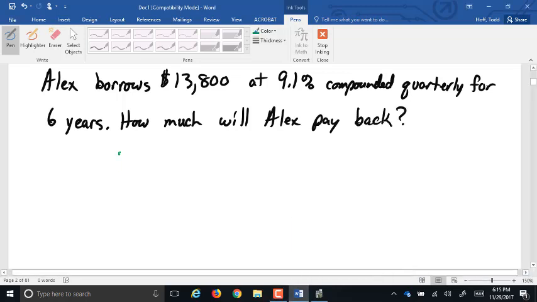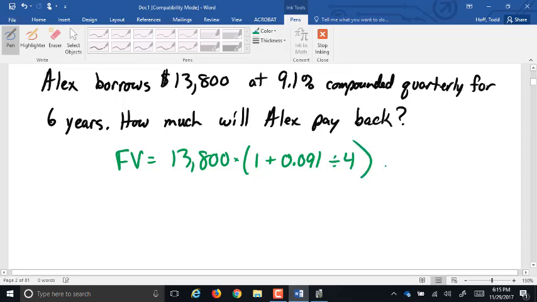Let's check it out. So we are looking for a future value. What's our present value? 13,800 times, parentheses, 1 plus 0.091 divided by 4, power of 4 times 6.